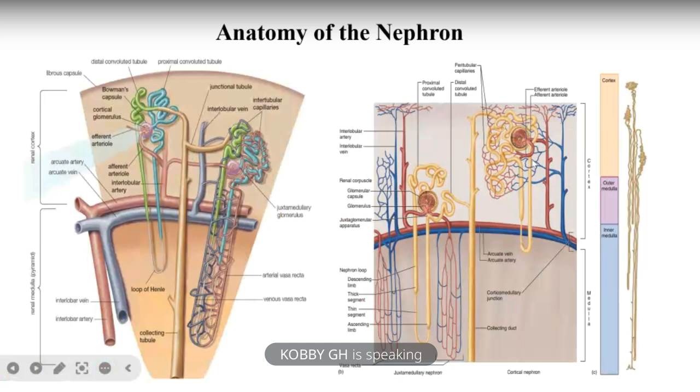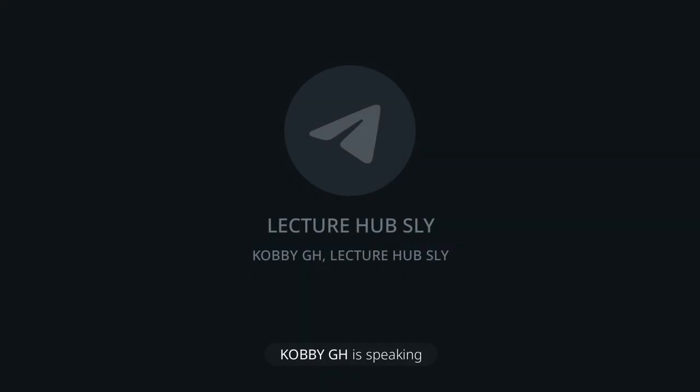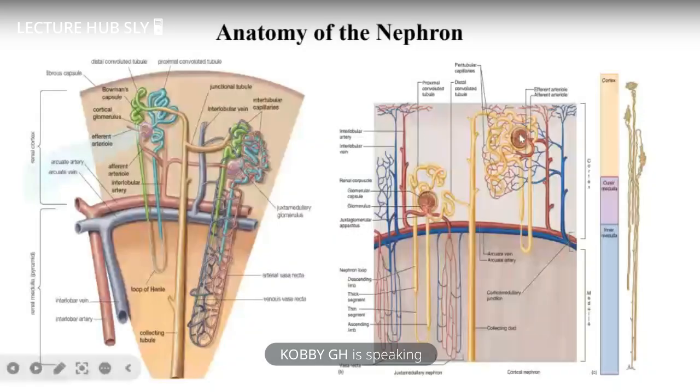From this diagram, you can see clearly that the cortical nephron's glomerulus, or renal corpuscle, is deep within the renal cortex. You can see clearly their renal corpuscle, or what we call their glomerulus or their Bowman's capsule, is deep within the renal cortex.